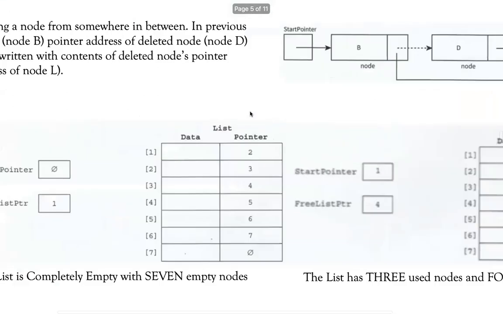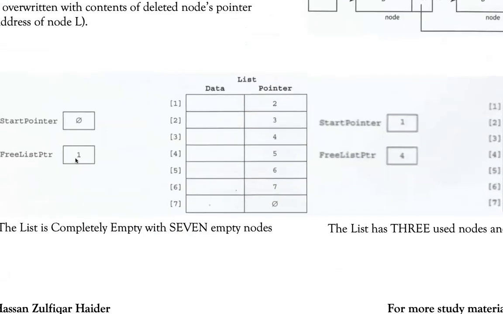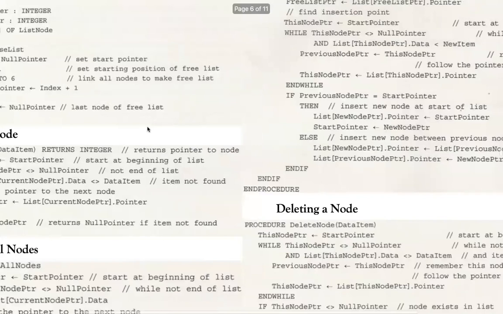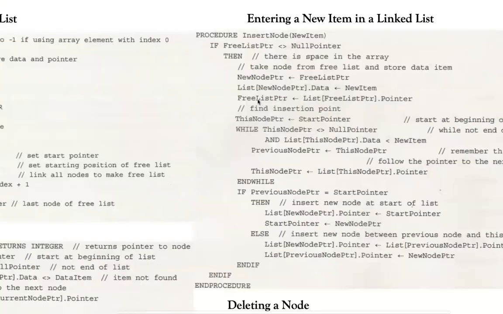So right now, this is my free list pointer and this is also my new node pointer. So if I take the pointer value and assign it to my free list pointer, now it's updated. But before this line, both my new node pointer and my free list pointer are pointing towards the same index position. So it doesn't matter if you use free list pointer here or new node pointer here, it makes no difference.